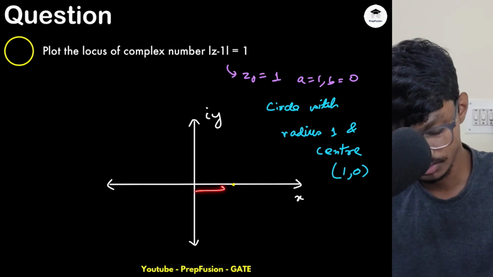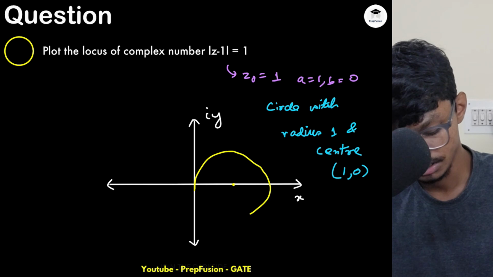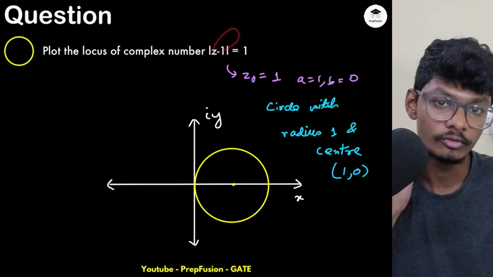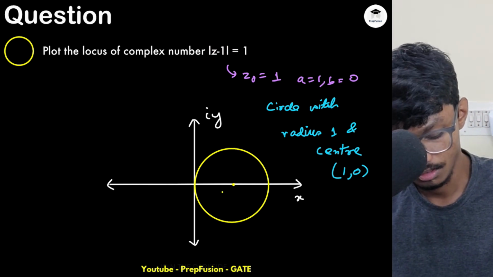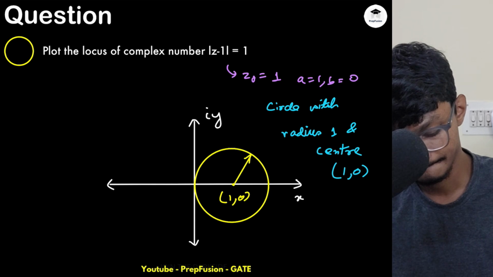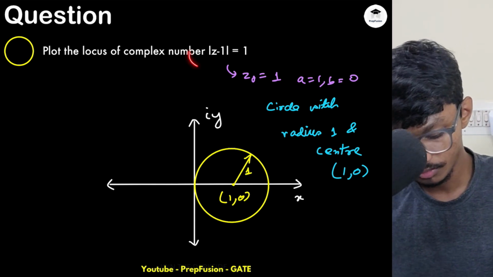So obviously this distance will be 1 and this distance will also be 1. So we can plot the locus simply just like this. It becomes so easy to plot this. Else if you don't know the format, you wouldn't be able to plot this. Plotting this will be very difficult for you. So this is the center (1, 0), and this is the radius, which is 1.